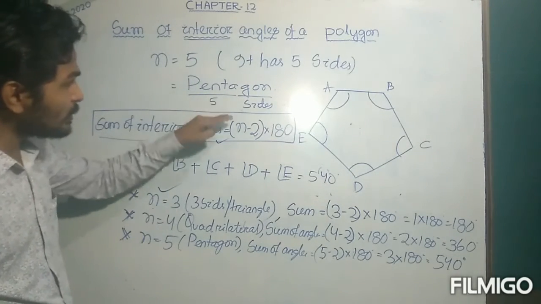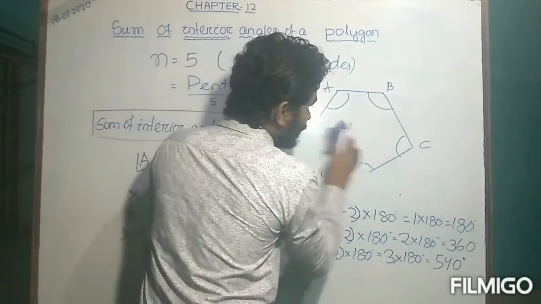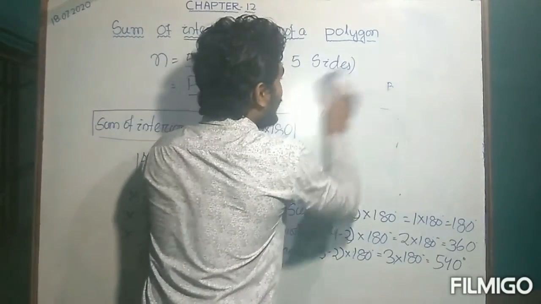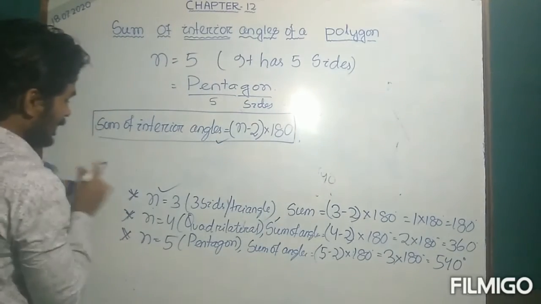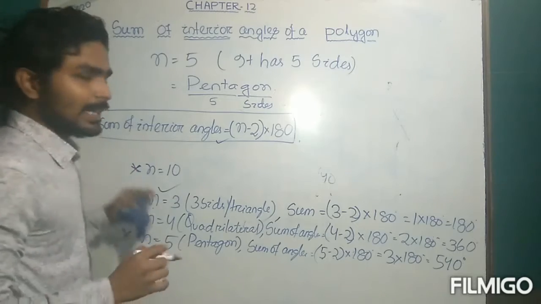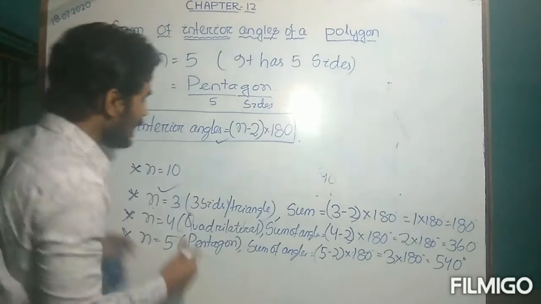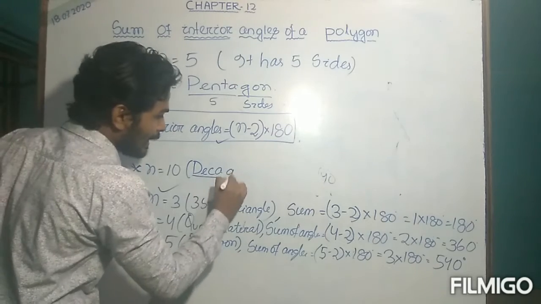So this formula holds good for any polygon. If we take a decagon, decagon means n is equal to 10. If the number of sides is 10, then it is known as a decagon, deca means 10.